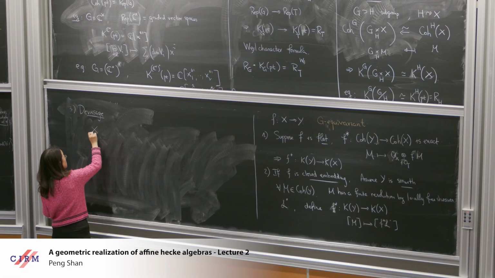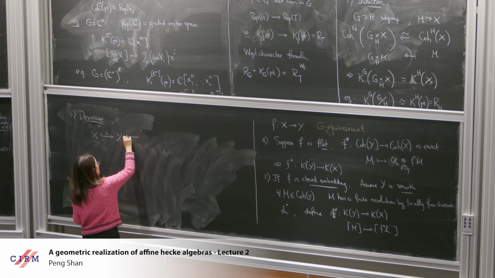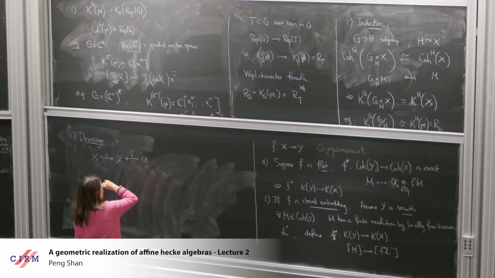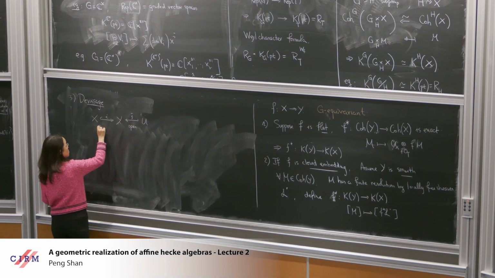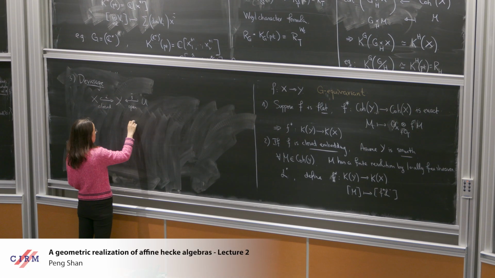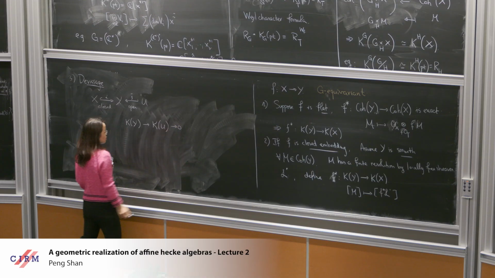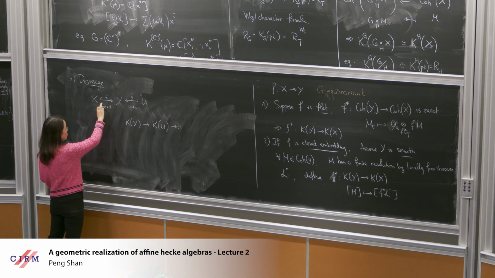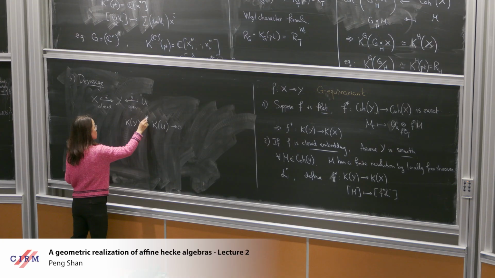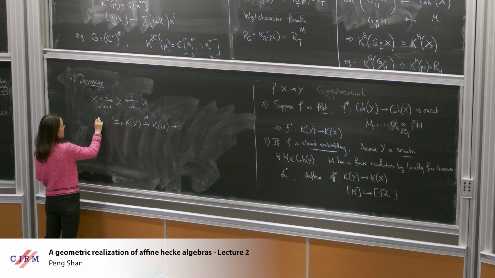So if you're in a situation where you have a closed embedding of X into Y, and then an open embedding from U to Y, so this is open, this is closed, then the open embedding is flat, so you have a pullback from K of Y to K of U, and this is actually surjective. And then you can push forward through this closed immersion and get K of X.